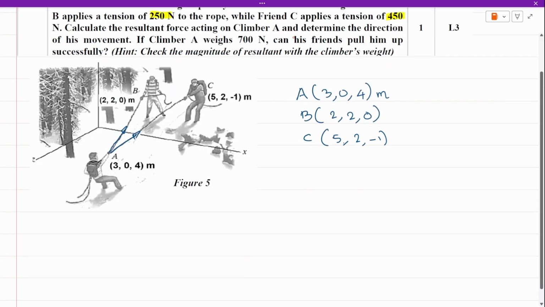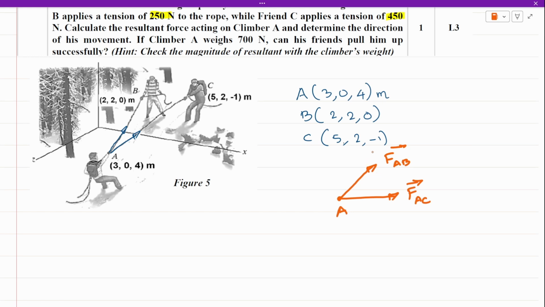If I consider the free body diagram, you have point A, you have two forces, FAB and another force FAC. Our first step is to identify what are these values of FAB and FAC.